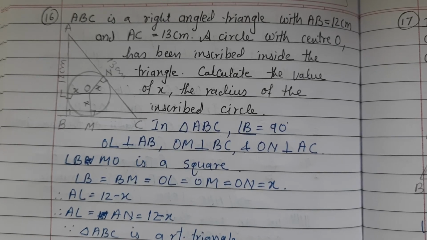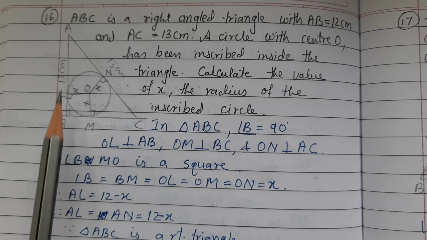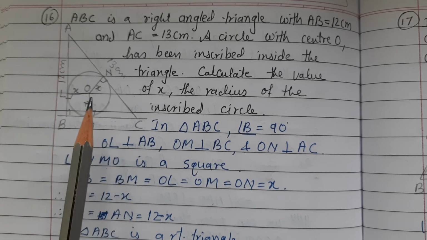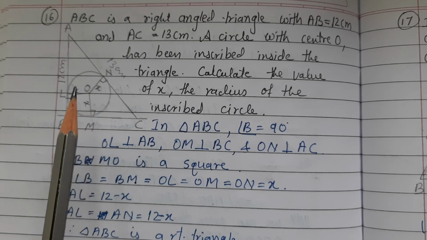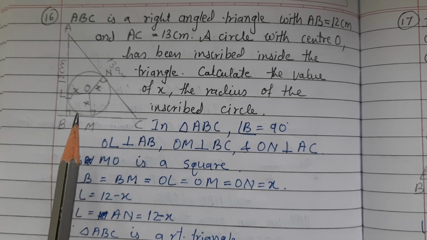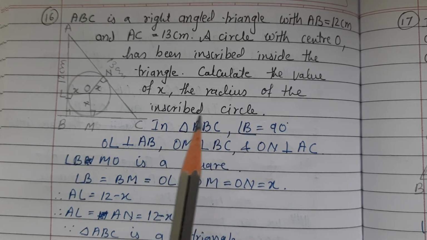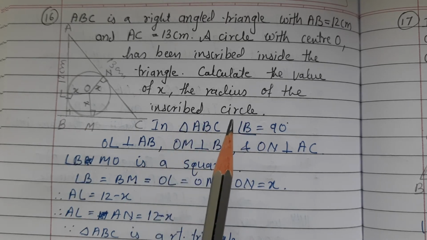Sum number 16. ABC is a right angled triangle with AB equal to 12 cm, AC equal to 13 cm. A circle with center O is inscribed inside the triangle. Calculate the value of x, the radius of the inscribed circle.